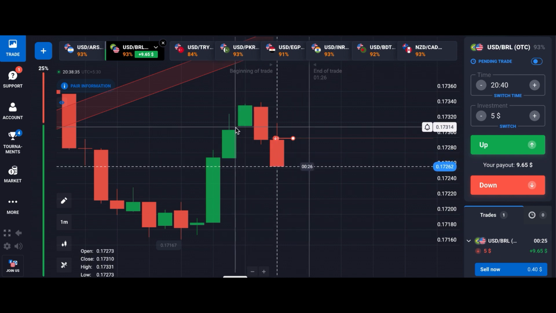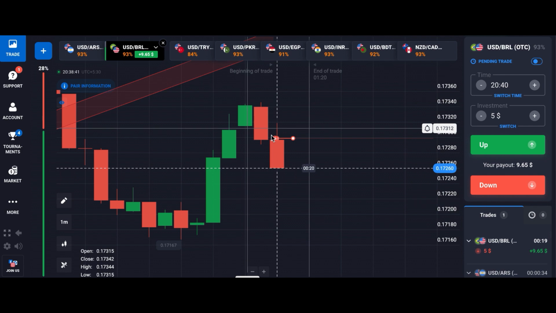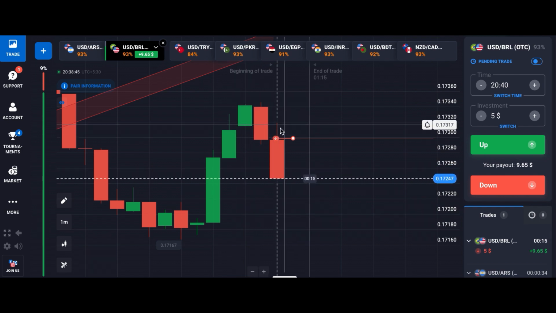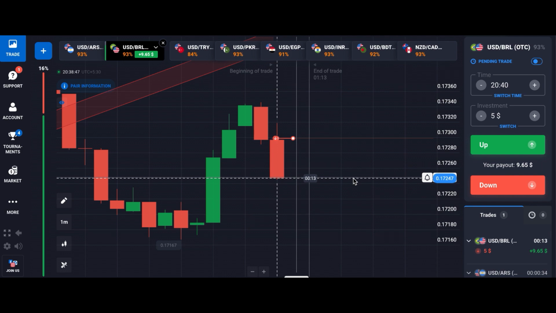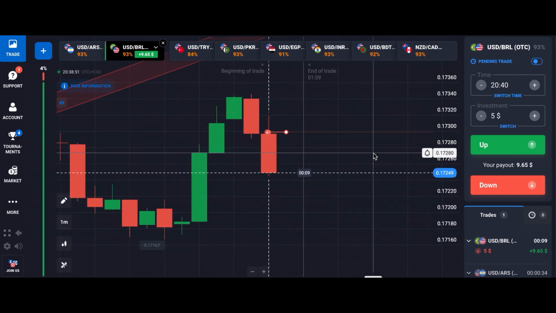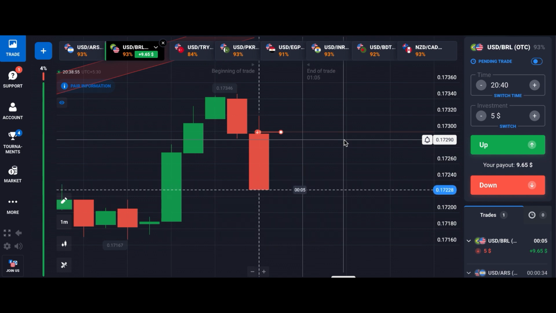So this gap always acts as a support and as a resistance, and you can see exactly from here the market got rejection, and you can see how big this candle has been created. So these are the little tips and tricks which you can learn from us.